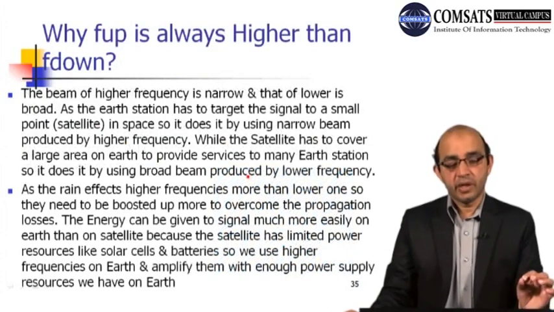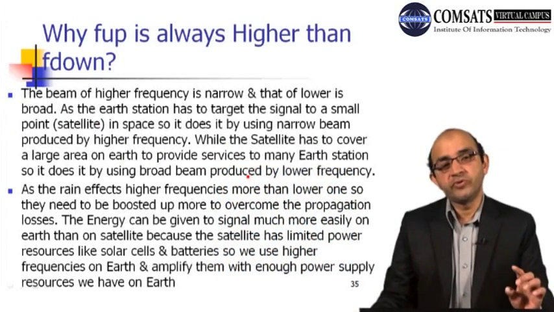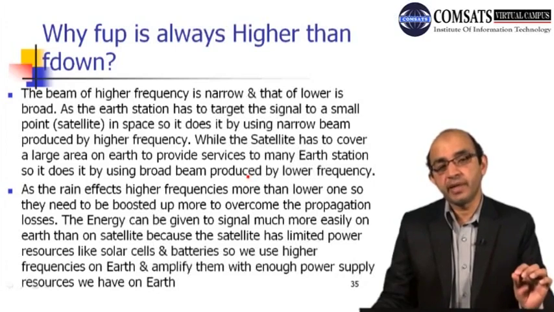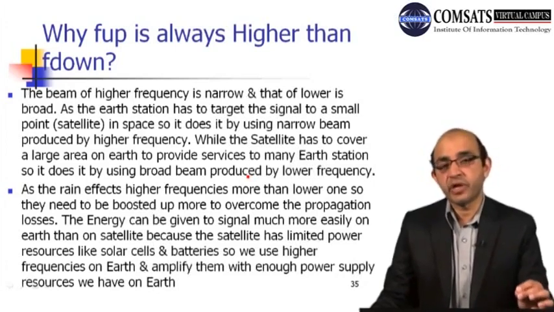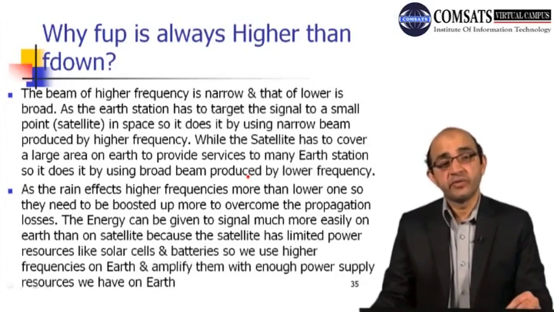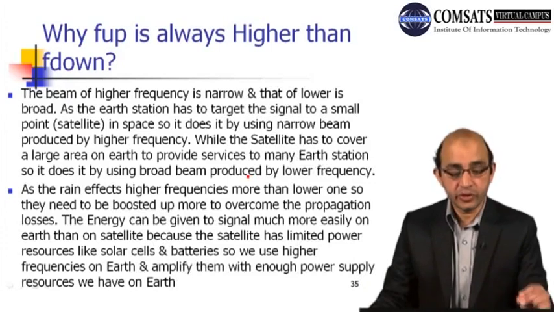As mentioned earlier, we will be using two different frequencies for uplink and downlink. Moreover, we will be using high frequency for uplink and low frequency for downlink. So we have to justify why we are doing so.